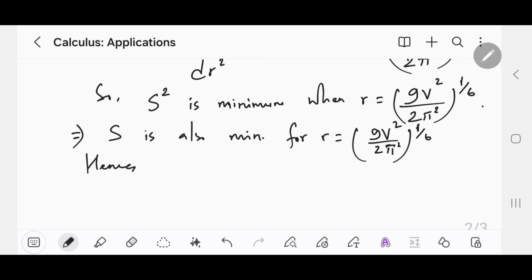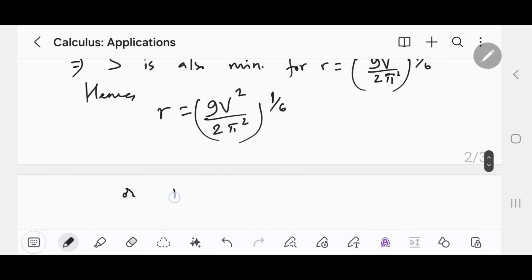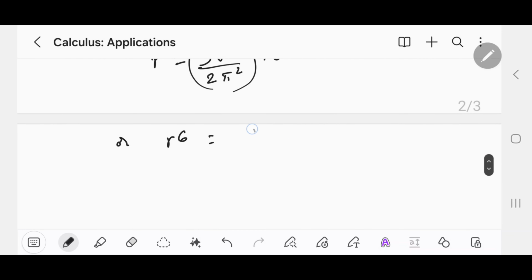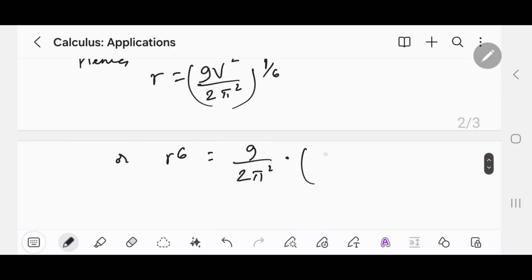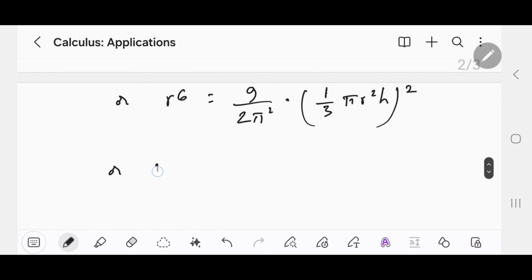Hence r equals (9V square by 2 pi square) power 1 by 6, or r power 6 equals 9 by 2 pi square into V square, which can be written as 1 by 3 pi r square h whole square, or r power 6 equals 9 by 2 pi square into 1 by 9 into pi square r power 4 h square.